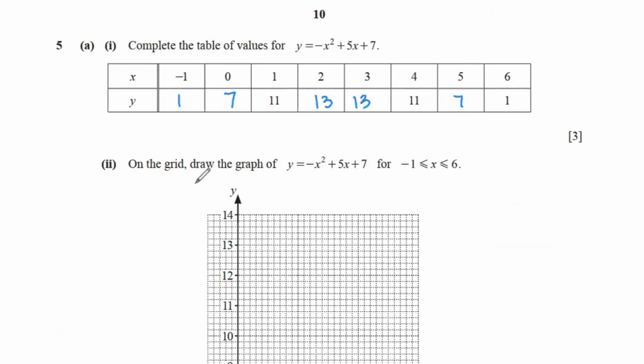And the next part says, on the grid, draw the graph of y equals negative x squared plus 5x plus 7, where x is between negative 1 and 6.